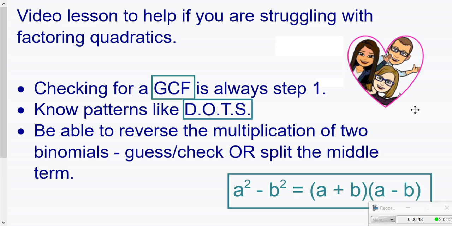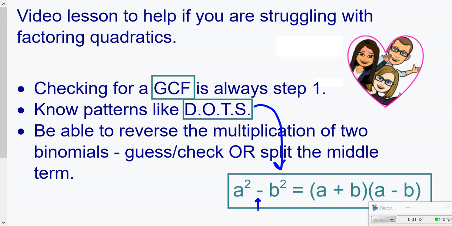There's also a pattern called the difference of two squares, and that has nice initials, so math teachers sometimes use those. If you don't know what I'm talking about, I did write the difference of two squares pattern right down here. If you have two things that are subtracted, that's what we mean by a difference, and they both are something to the second power.